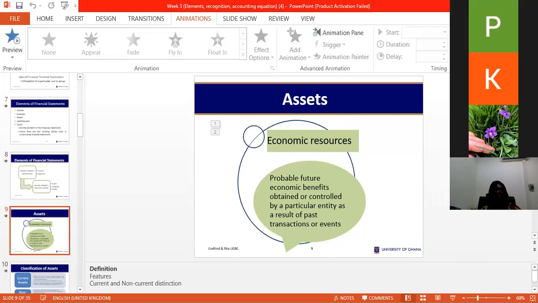Yes, I think employees are assets of a business. Why? Because from the definition, it says there are probable future benefits, and employees, whether for the short term or long term, provide economic benefits to the company in terms of their work, which generates profits in the long run and in the short run for the business. But Philip, if I may ask, is there a future economic benefit from employees?